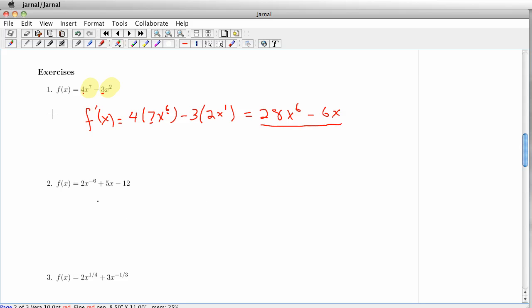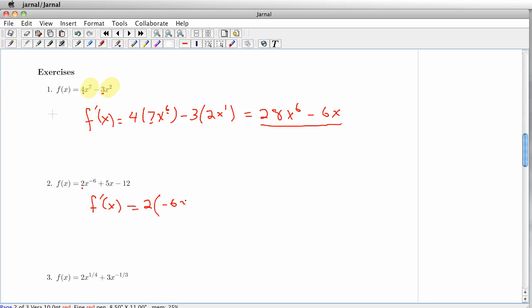Okay, so we have to just be persistent about using the rule as it is. The rule works regardless of what the power looks like. So for example, even if the power is something that I don't really like, negative numbers, I really don't do anything different. I ignore the 2 because that's multiplied in front. The derivative of x to the minus 6, according to the power rule, that power, minus 6, comes out front.